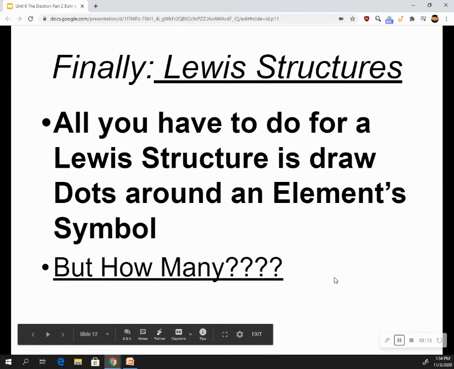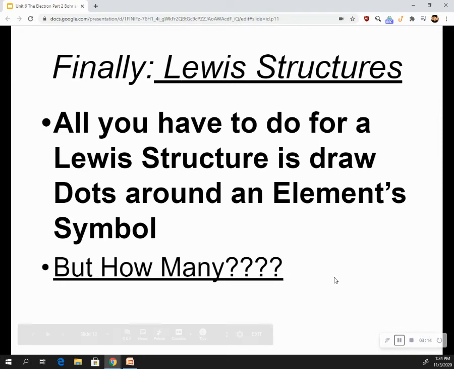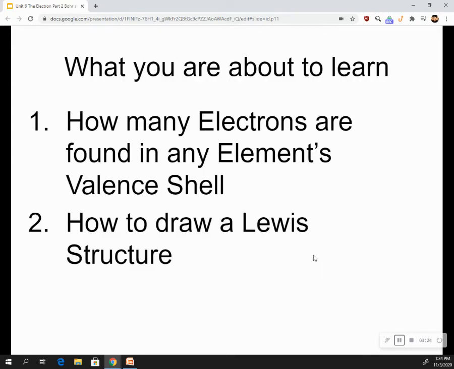So all you have to do for Lewis is just find the valence electrons. So this means we're only doing the outermost electrons in an element. So this works better for things that have many electrons. So if we go all the way down to iodine, we know that iodine is in group 17, so it's going to have 7 valence electrons, because group 17 has 7.